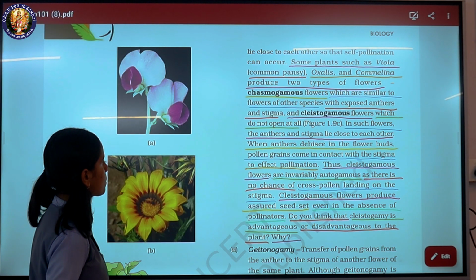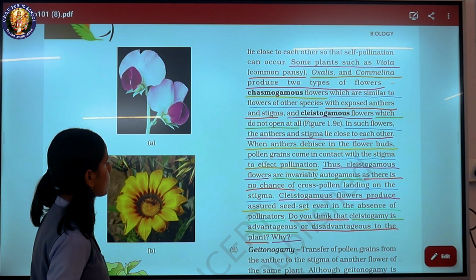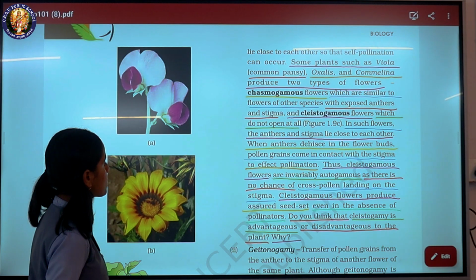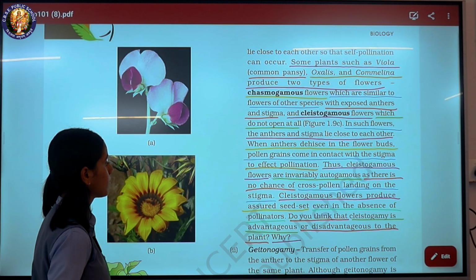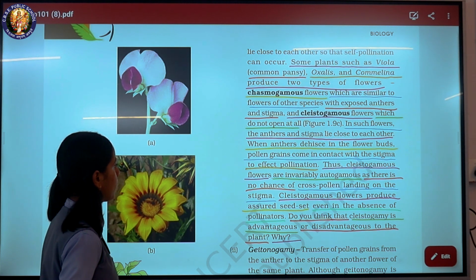Cleistogamous flowers produce assured seed set even in the absence of pollinators. Do you think that cleistogamy is advantageous or disadvantageous to the plant? Why?